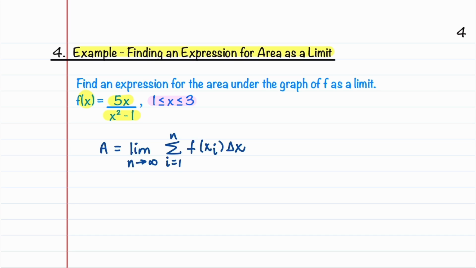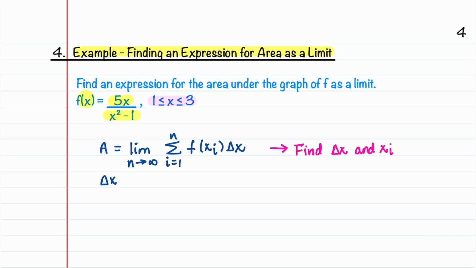What we need to do now is find two things. We first need to find delta x, and then we need to find x sub i. You always want to find delta x first. Let's write down our formula for delta x.